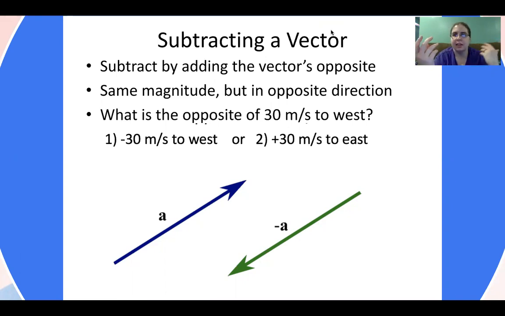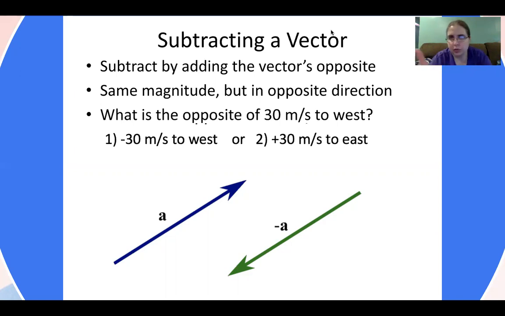So anyways, when we talk about opposite directions, we'll think of it as one direction being positive and the opposite being negative. So if we're talking about 30 meters per second to the west, well, what's opposite of that? We can think of it as negative 30 meters per second west, or as positive 30 meters per second east. So that would be like, if I'm traveling 30 meters per second in this direction, then I turn around and go 30 meters per second in the opposite direction, add the vectors, 30 plus negative 30.